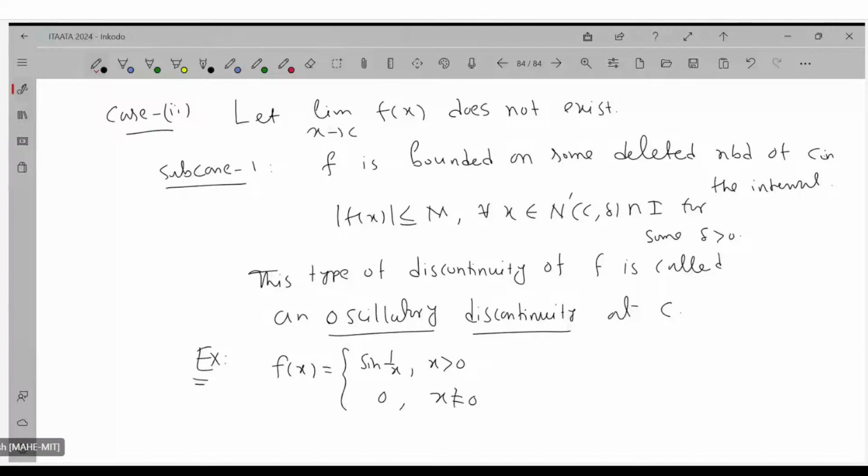Okay, I'm not writing that c is a point of oscillatory discontinuity. Okay, it's too much. So what is the other case left with us? It's not bounded on some deleted neighborhood. So the other case is that it's unbounded in every neighborhood.